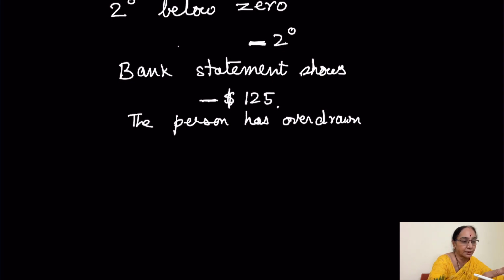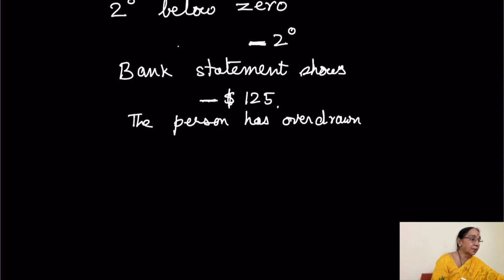Your height is now positive 10 meters. Sometimes we write the positive sign and it is understood even if it is not written. But for negative quantities, the minus sign has to be mentioned.